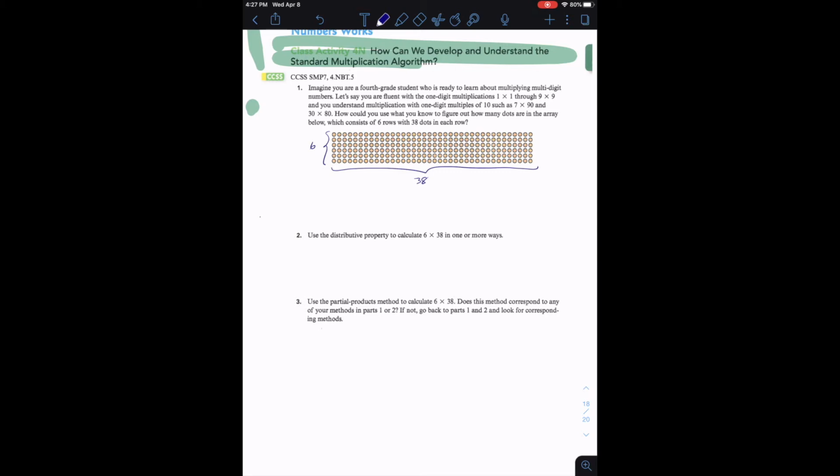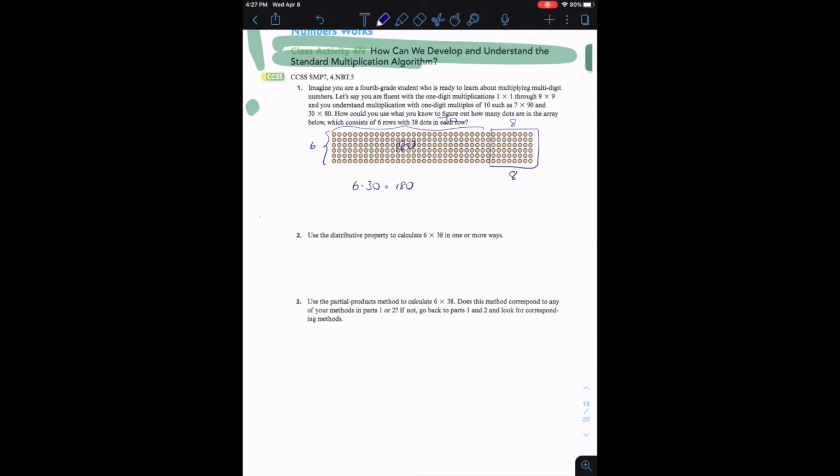So if we're able to split up this rectangle of dots into 8 and 30, then kids are going to be much better able to tell you that 6 times 30 is 180 within here, or 180 dots.